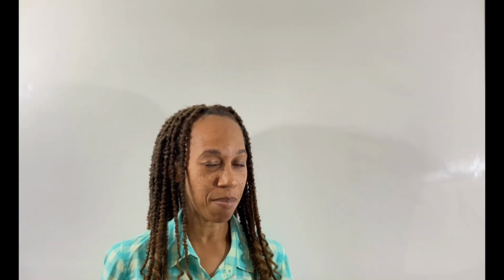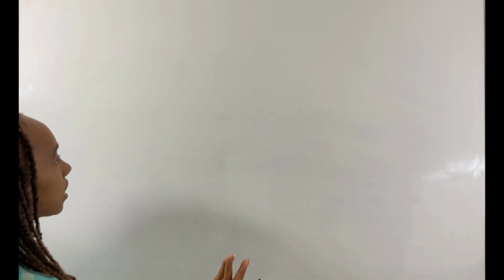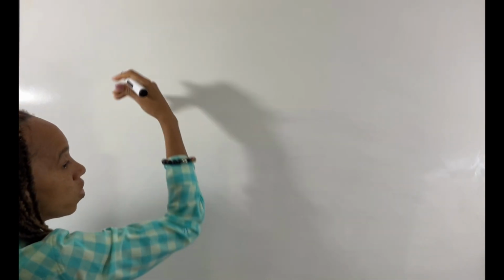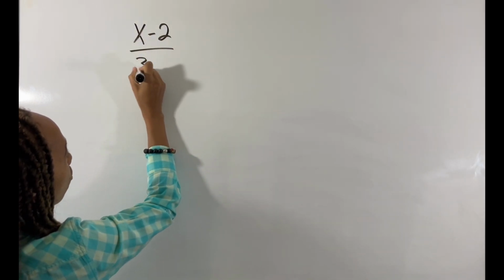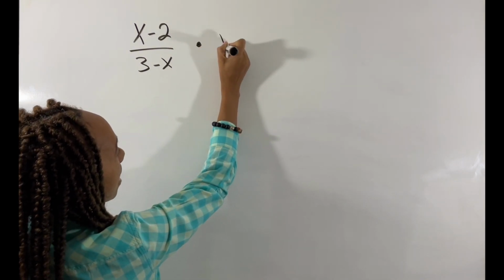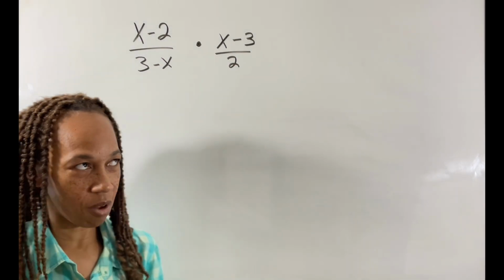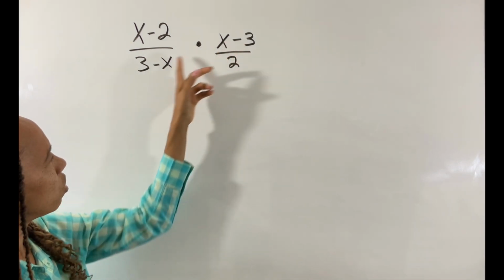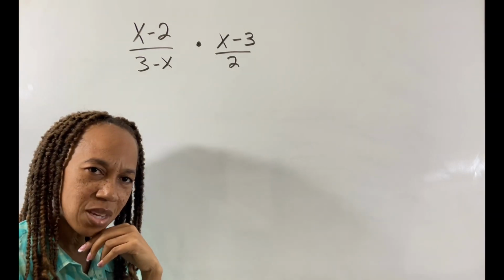In my next example, I'm going to show you a little trick when you're dealing with rational expressions, whether you're multiplying them or dividing them. Once you have rational expressions, you need to know this little trick. So if I gave you x minus 2 over 3 minus x times x minus 3 over 2, you might say to yourself, these two look almost alike, but these are the additive inverse.